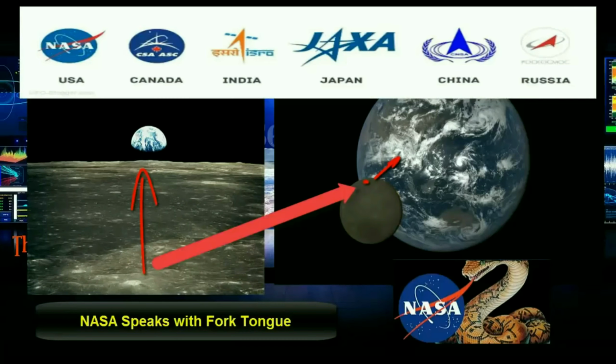And the fact that the space program is connected globally, so they're all coming up with the same information, they're all backing each other up to make it look like it's independent. I mean, for God's sake, the Japanese Earthrise. No, it's not the Japanese Earthrise, it's the NASA Earthrise, and Japan's space program is a subsidiary of it. Anyway, sorry, I was beginning to rant.